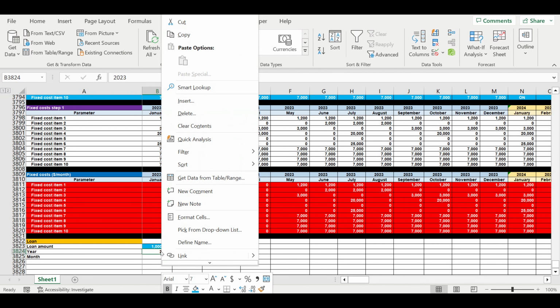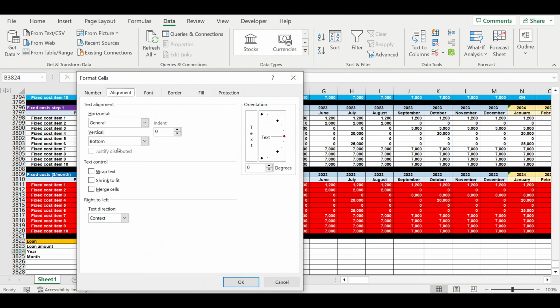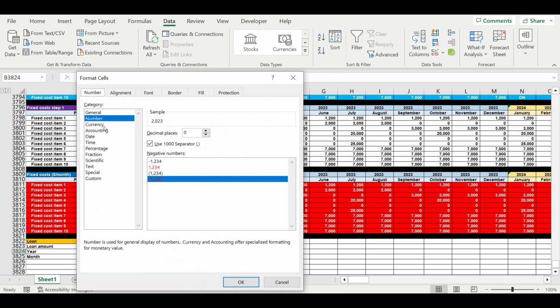Let's change the format a bit, to number.